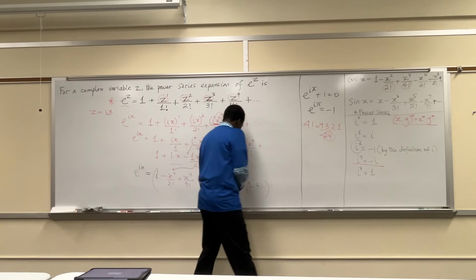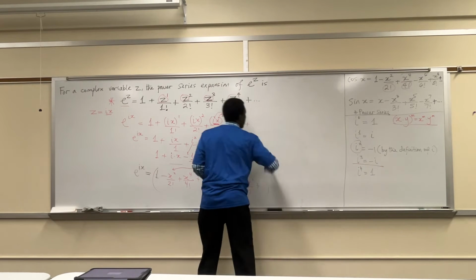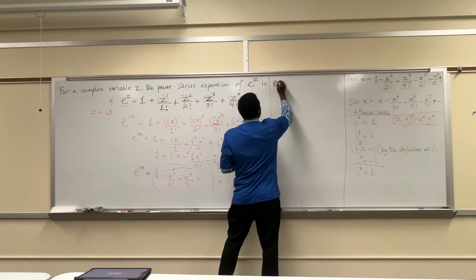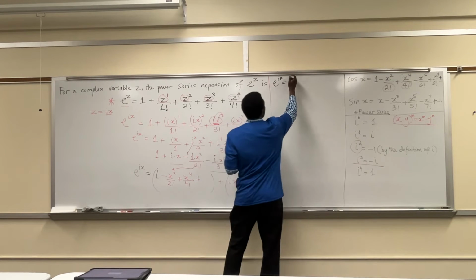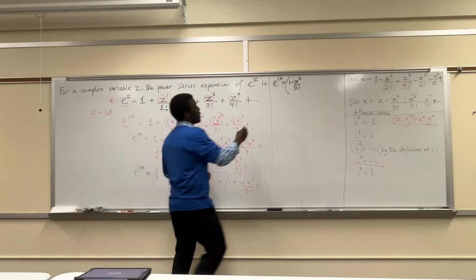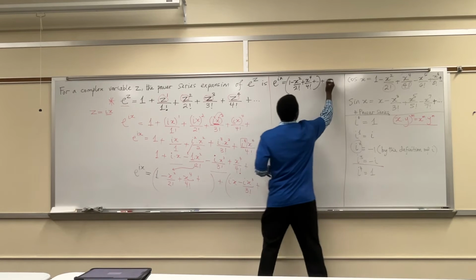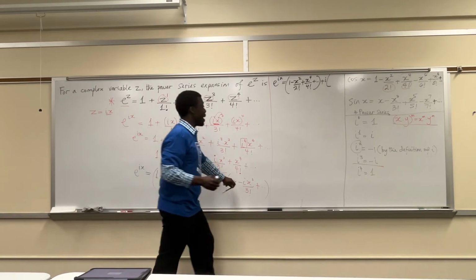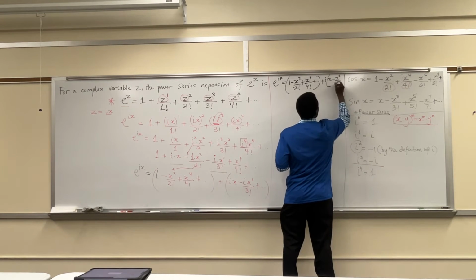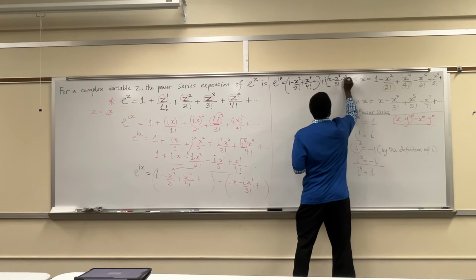That will then become, we have the left side, which is e to the ix is equal to 1 minus x squared over 2 factorial plus x to the fourth over 4 factorial plus i into x minus x cubed over 3 factorial plus x to the fifth over 5 factorial.